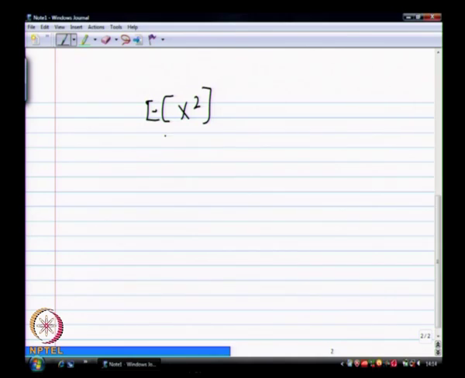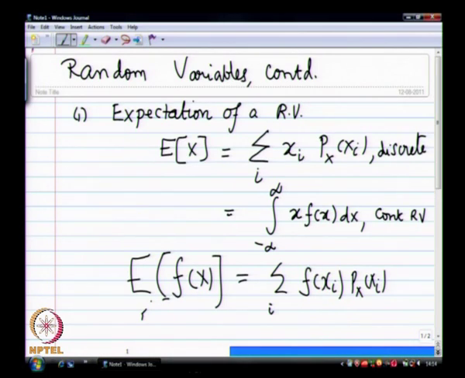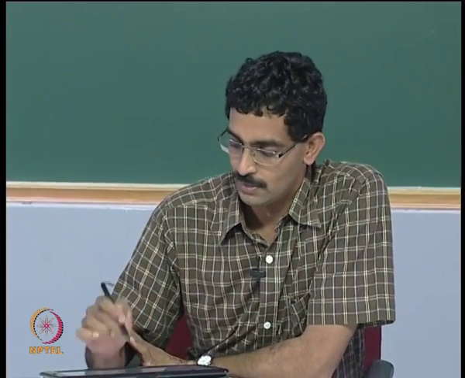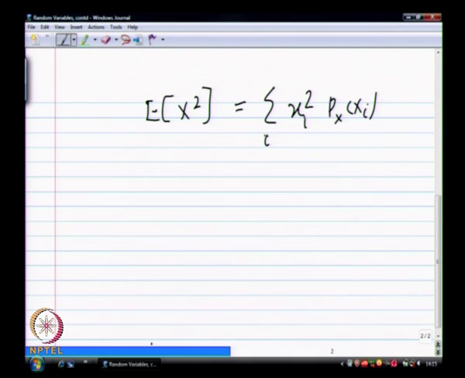If f of x is x squared, then e of x squared is defined this way: for each value you apply the function f and then multiply it with the corresponding probability, summed over all i.